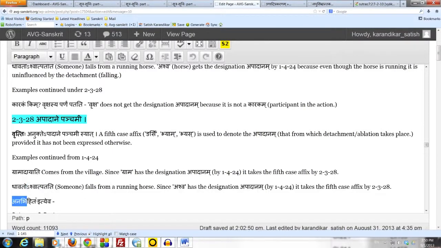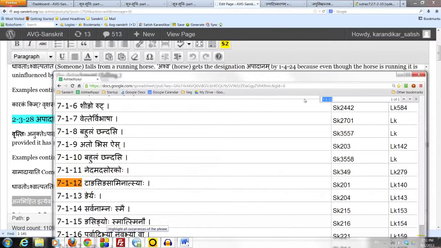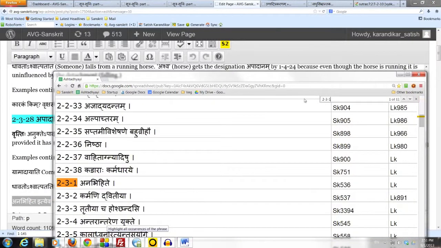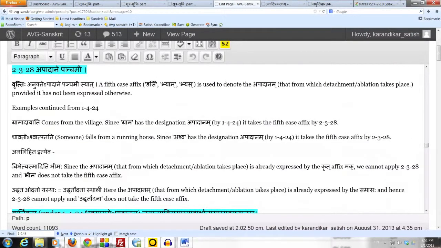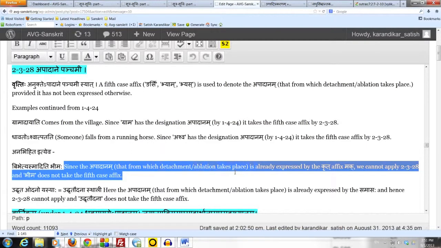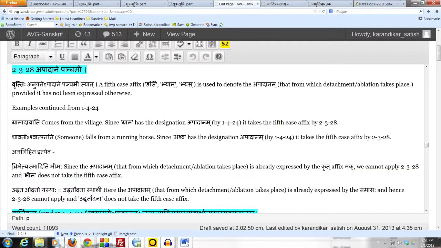Consider the example Vibhetyasmaditi Bhimaha, the one from whom someone is afraid. Here, even though there is no physical detachment, there is a mental detachment. The action of fear denotes a mental detachment. So the apayaha is certainly there, and hence the one from whom someone is afraid gets the apadana sanya.